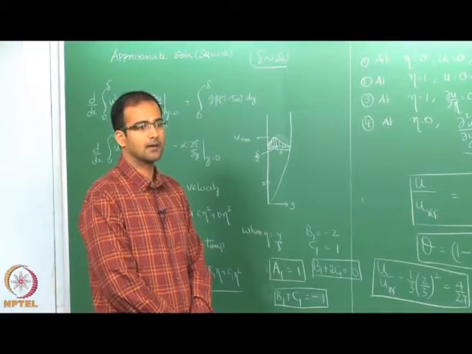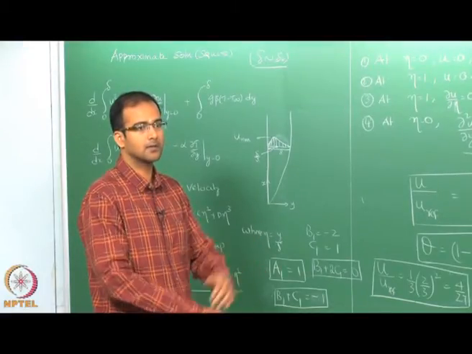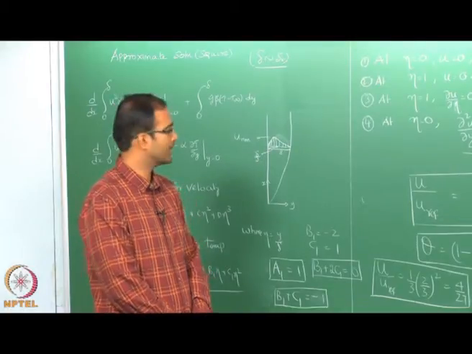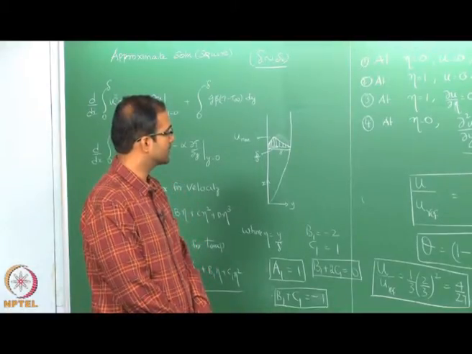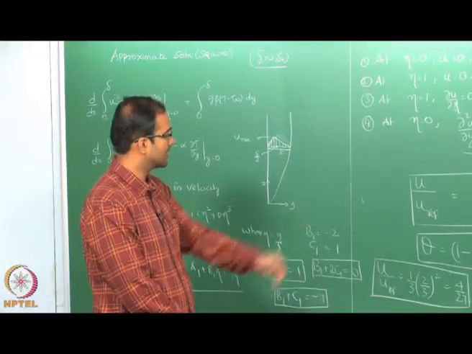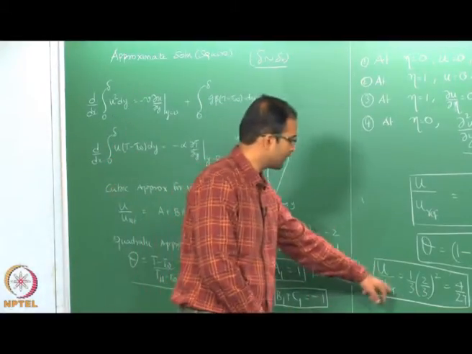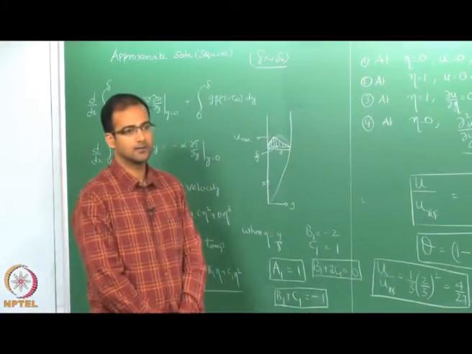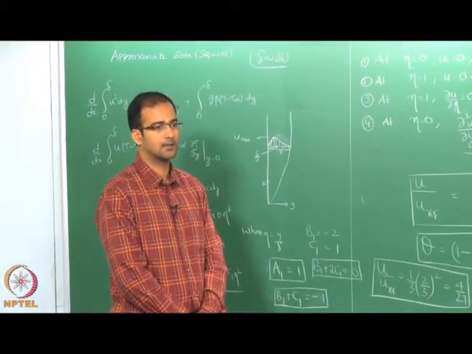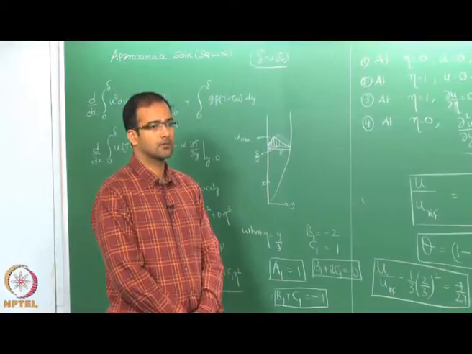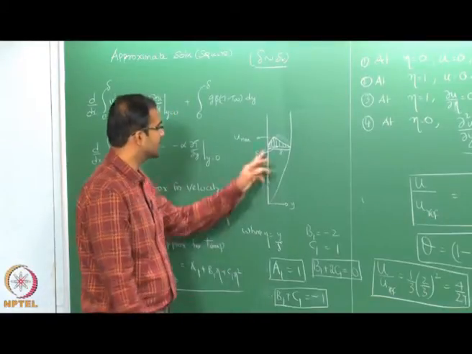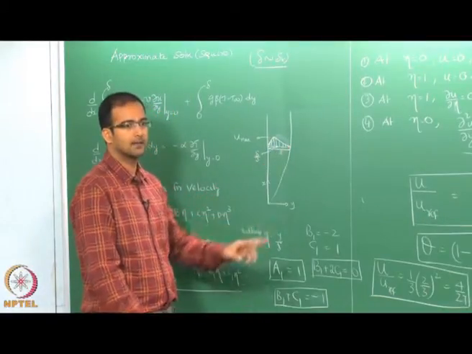Now this is not correct because the location is coming out to be 1 by 3 and also u by u reference is not coming out to be 1, it is coming much smaller than that. So, your reference is actually somewhere either this side or this side.